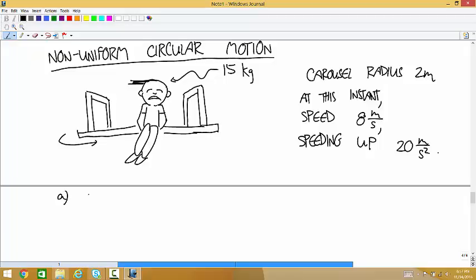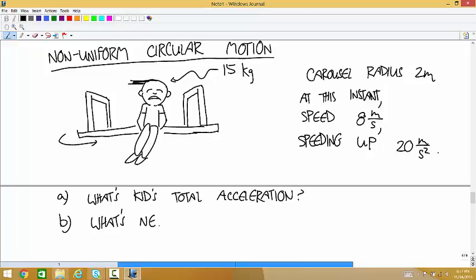So first, what's the total acceleration? And second, what's the net force acting on the kid?